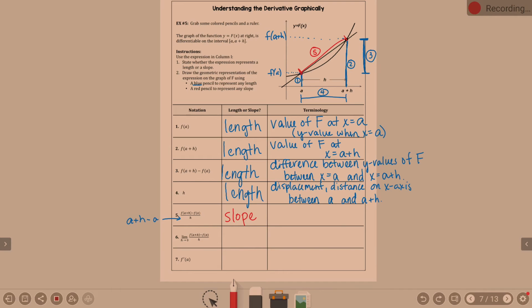In this, it's the slope between two points. It's the slope of, there's not a tangent line there, but a secant line. So this is also average rate of change. So when we talk about the terminology, it is the average rate of change, AROC, on F. It is also the secant line slope.